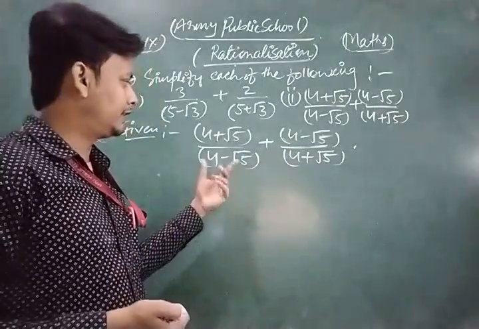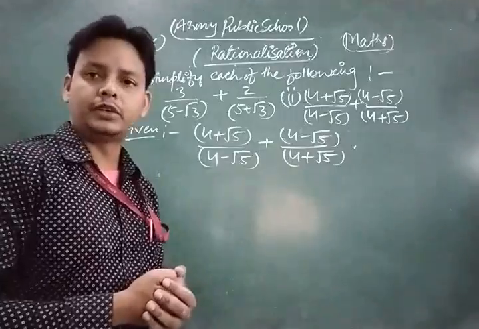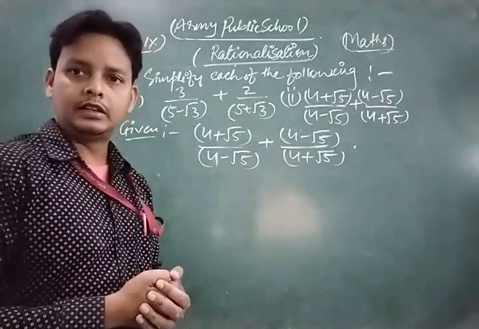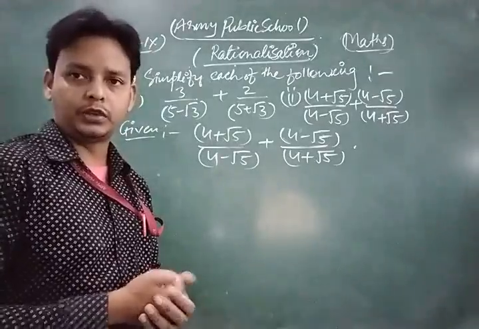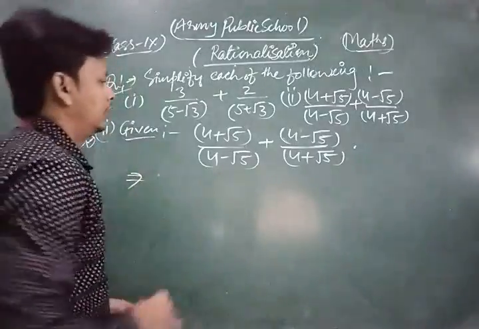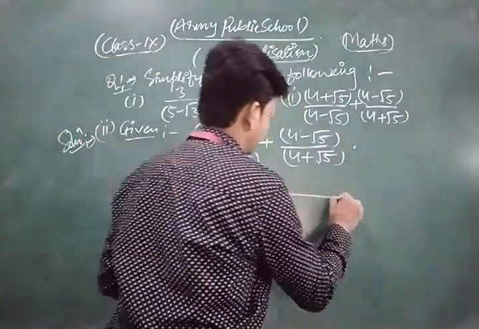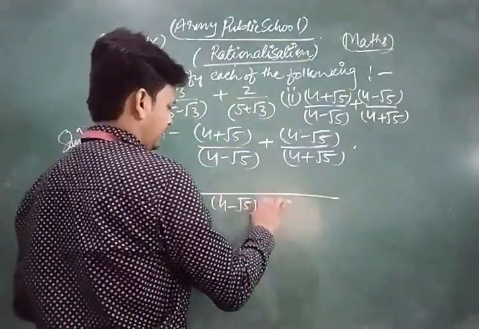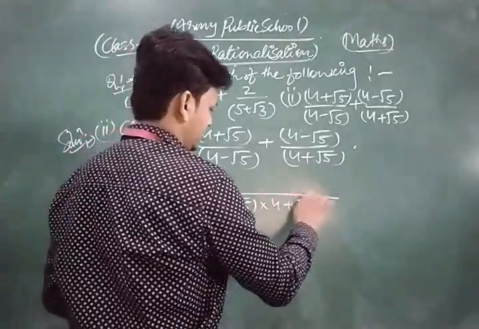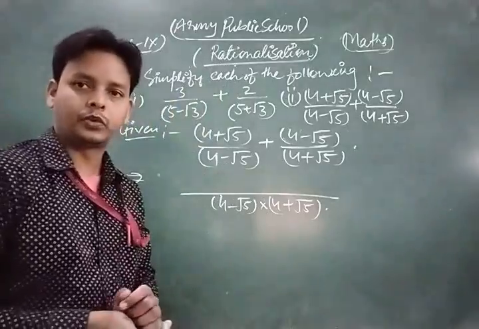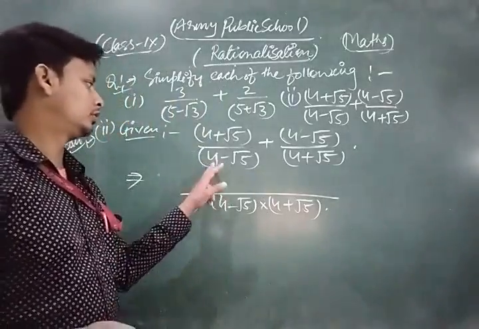First of all, we take the LCM of their denominators. So LCM of the denominators is 4 minus root 5 into 4 plus root 5. Okay, so now look.